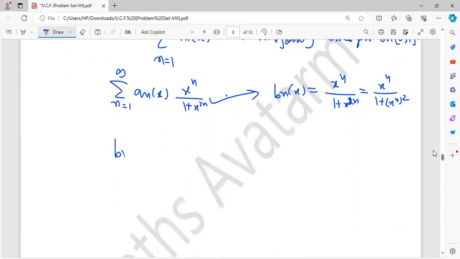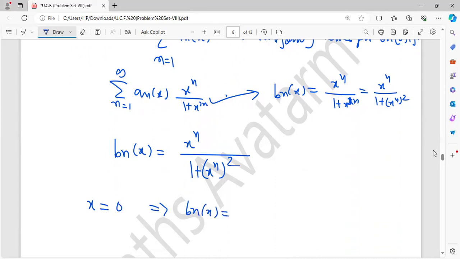Now b_n(x) is this x to the power n upon 1 plus (x to the power n) square. If I am taking x equal to 0, then b_n(x) is nothing but 0. This implies b_n(0) is monotonically decreasing.